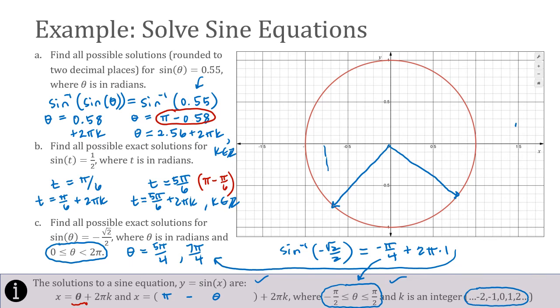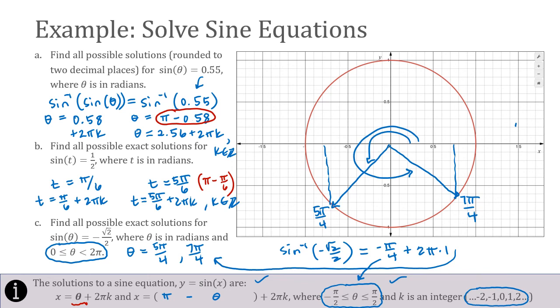That's where the sine is some negative value, in this case negative square root of 2 over 2. And what is this angle? And what is this angle? We know just by memorizing that the angles are 5 pi over 4 and 7 pi over 4. So this particular problem could be done really quickly if I have it memorized.